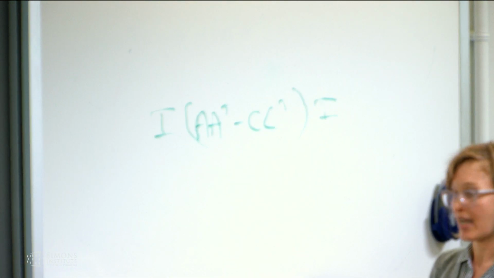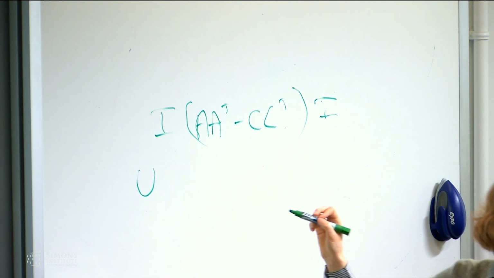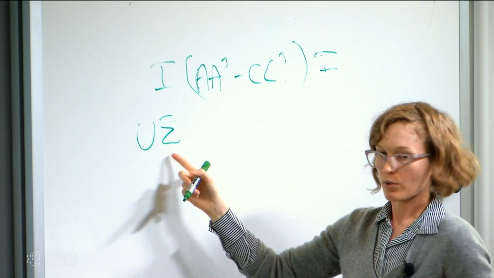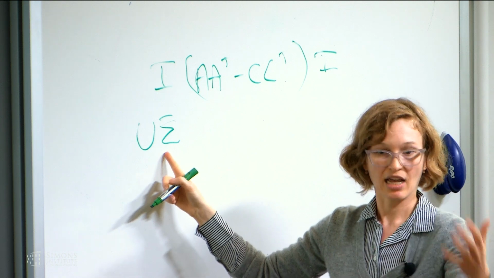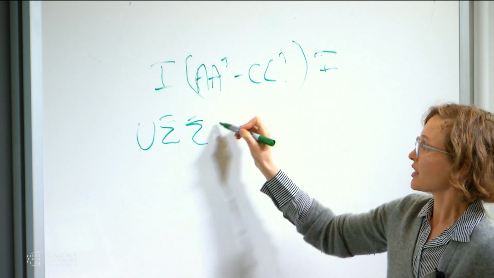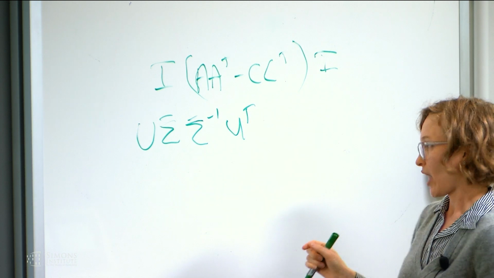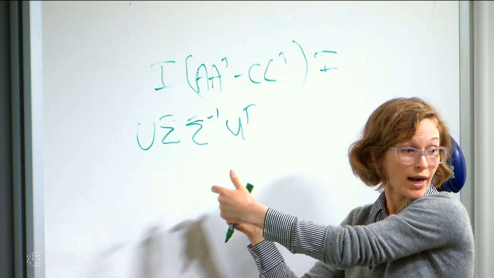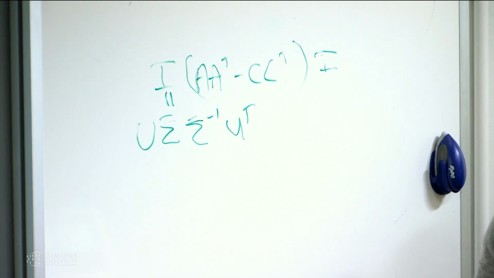I'm going to break down the identity matrix into U bar sigma, where this is your singular value matrix, which has this extra bit added to it, and this is invertible, and U transpose. And U transpose because I have all n components, so this is square, so this is equal to 1. So this is what I'm going to call my identity matrix.